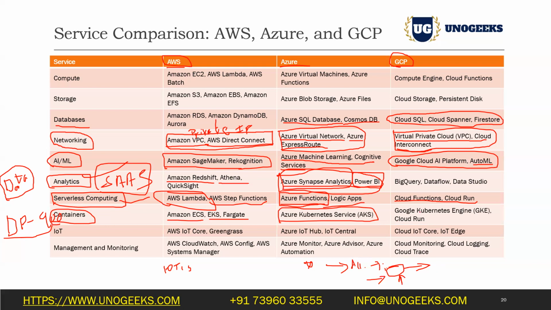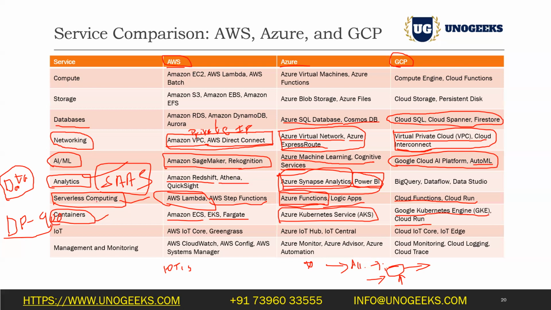So containers are also covered. I'll explain this container functionality in upcoming sessions. In GCP, we call this Google Kubernetes Engine and Cloud Run. These are the terminologies, but the functionality is the same.